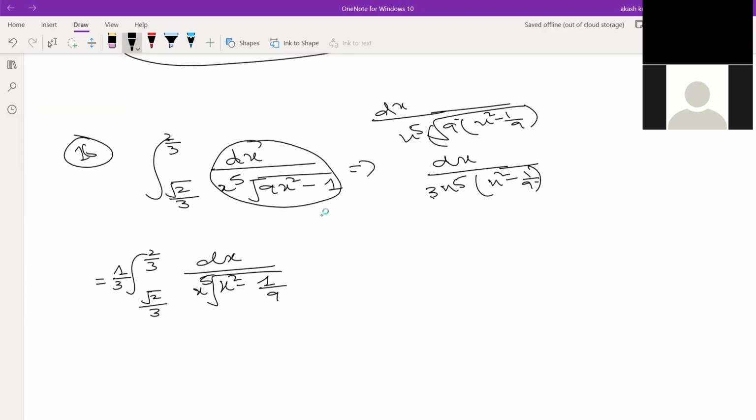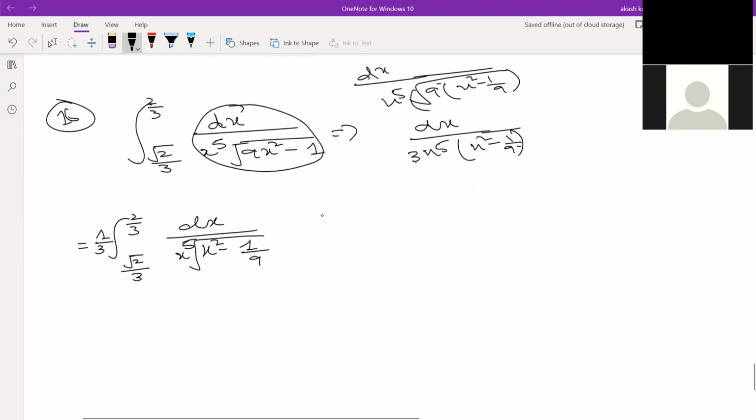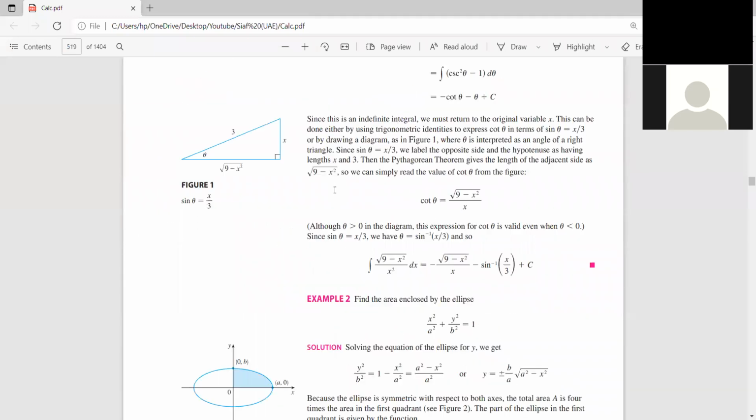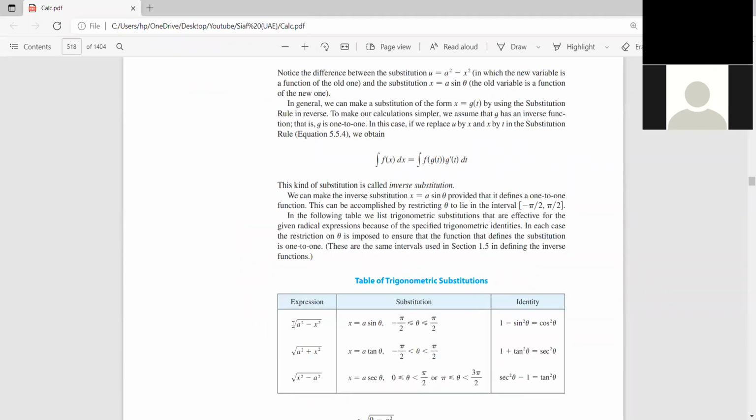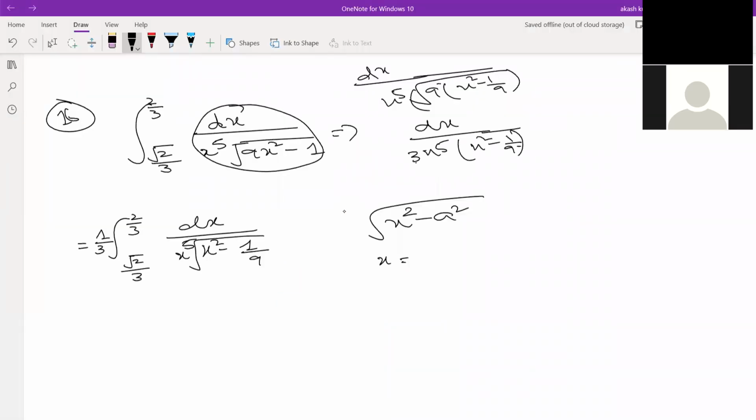And taking 1 over 3 out, so it becomes dx over x to the power 5 times the square root of x squared minus 1 over 9. Yes, clear. Now we know that it becomes our x squared minus a squared identity, and for x squared minus a squared, x equals a sec theta.